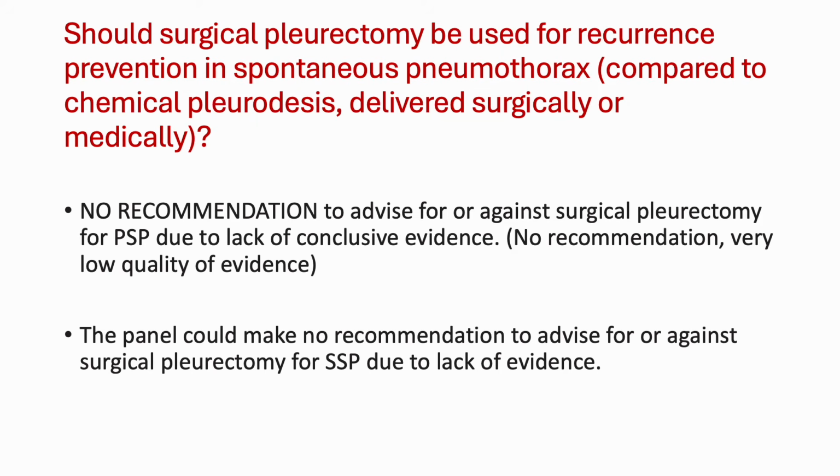Surgical pleurectomy means apical parietal surgical pleurectomy. They are both acceptable treatments, but the recurrence rates are comparable. So here they did not make any recommendation for or against it, either in primary or secondary spontaneous pneumothorax.